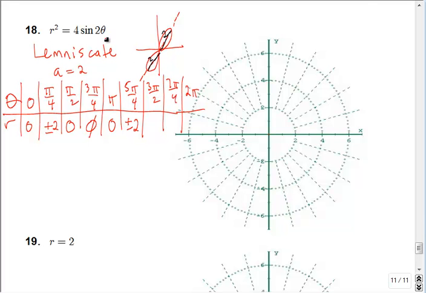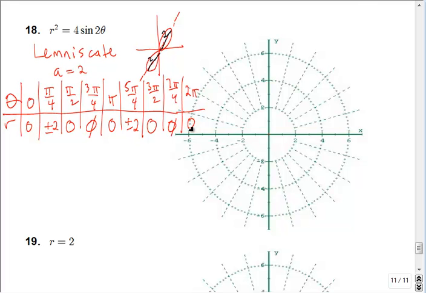Sine of 3 pi is the same as sine of pi, which is 0. 7 pi over 4 times 2 is 7 pi over 2. That's the same as 3 pi over 2, and the sine of that would be negative 1. So this whole right-hand side would become negative 4, and r squared can't equal a negative. So this is also not going to exist. And then finally at 2 pi, 2 times that is 4 pi. Sine of 4 pi goes back to 0.